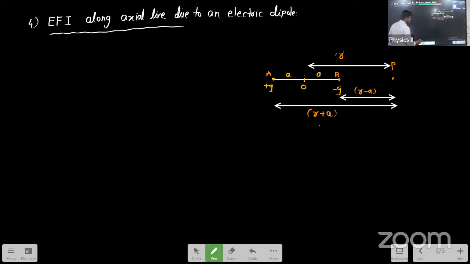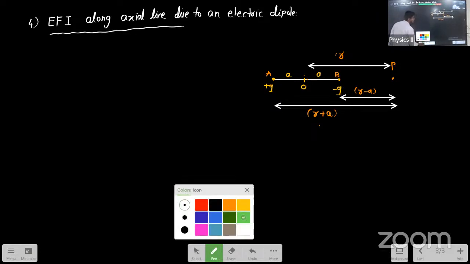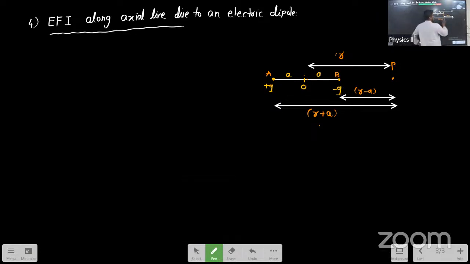Now everyone see this diagram carefully. Here we are having negative charge, and at point P, which type of charge have we assumed? Here we have assumed a unit positive charge. So what will happen? Negative and positive charges will attract each other. So here, in this direction, there will be electric field.